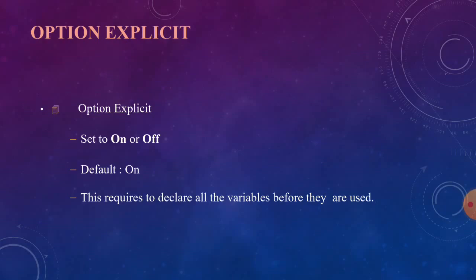Whatever variables we use in programming, we must declare at the top of the program, including their data type. We can make it Off also. By default, Option Explicit is On. So this is about Option Explicit.